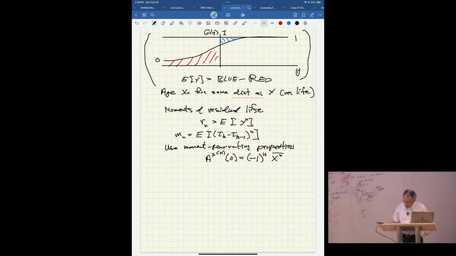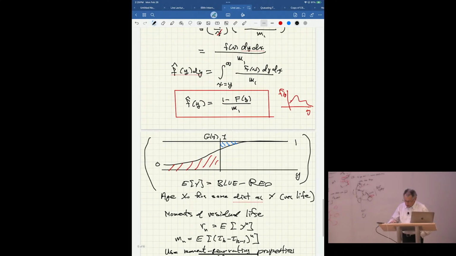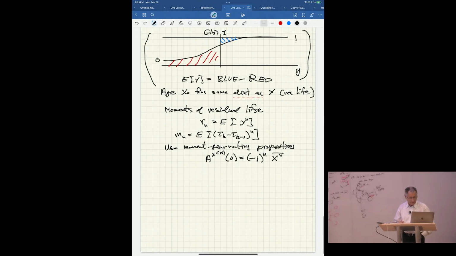So once we apply that to the expression in red up here, we get the following: r sub n is equal to the n plus first moment of the typical interval divided by n plus 1 times the first moment, m sub 1.